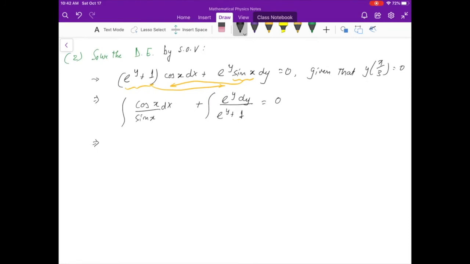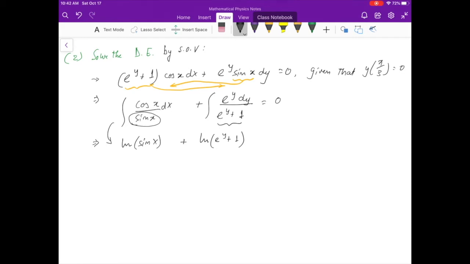Integration over here is again very intuitive. You can try to do that, but it's a pretty simple integration, where you have ln of sine x, and then the second expression is ln of (e to the power y plus 1), subject to the constraint that you obtain a value of c on your right hand side by inserting the above condition, where y takes in pi by 3 and gives 0.